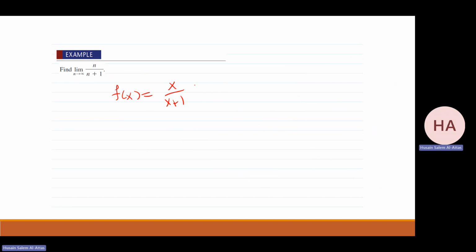Yeah, the same thing here. I have f of x equals x over x plus 1. So what is the limit as x goes to infinity of f of x? That will be the limit as x goes to infinity of x over x plus 1. I have the same degree. I have the leading coefficient 1.